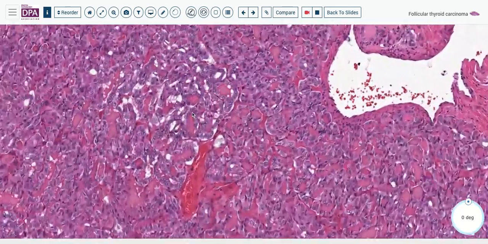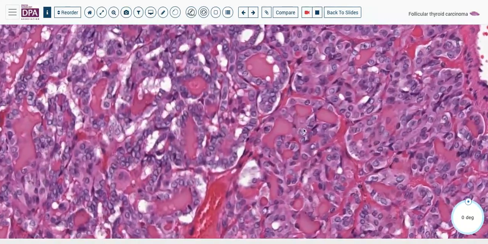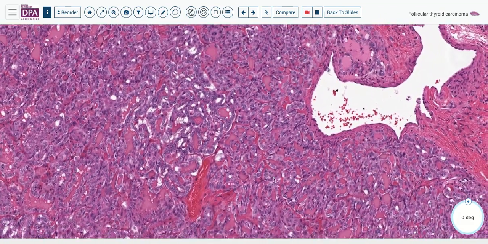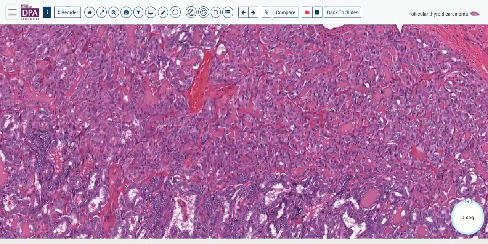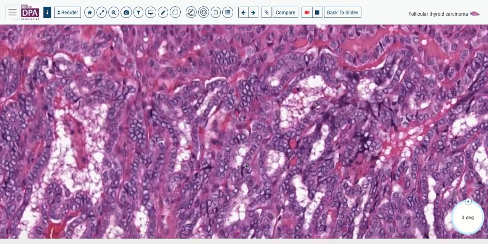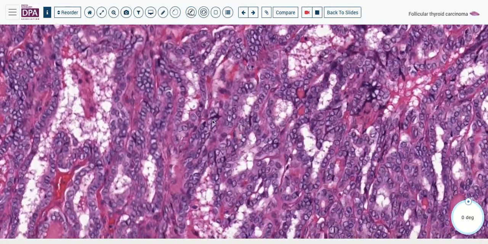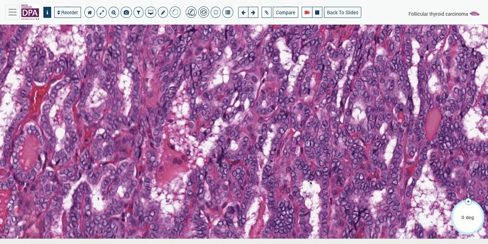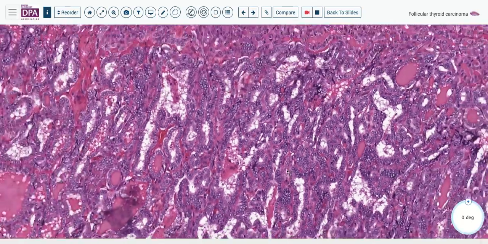And we see follicular structures. Now here we do see a little bit of nuclear clearing, a little bit of overlap. So we could begin to wonder about papillary carcinoma with follicular features and invasion, because this certainly does have some nuclear features of papillary carcinoma, and we can begin to see that here.